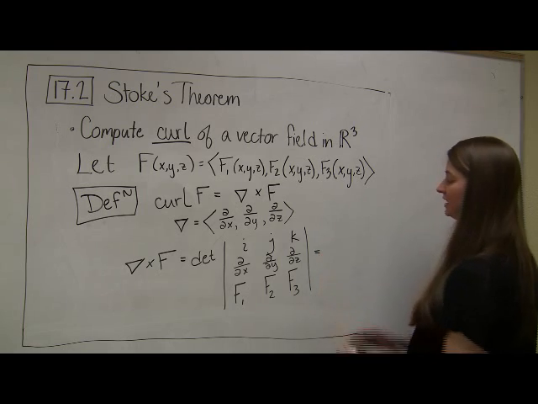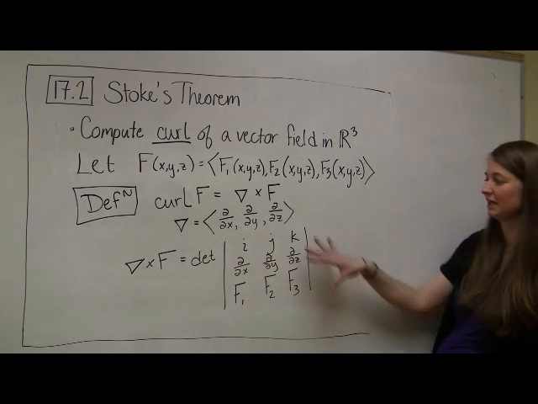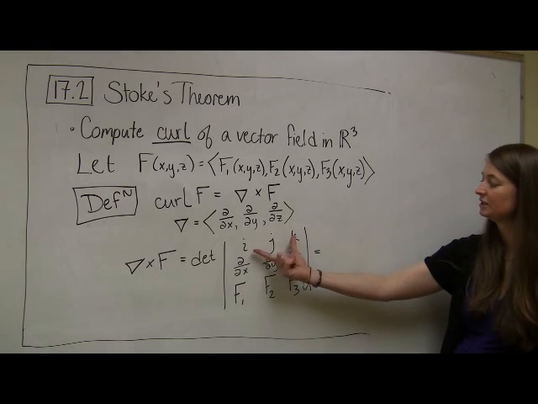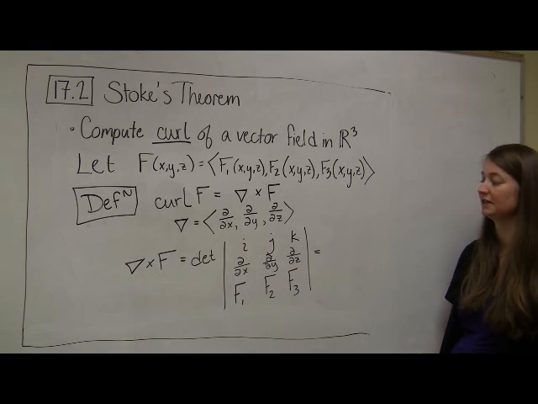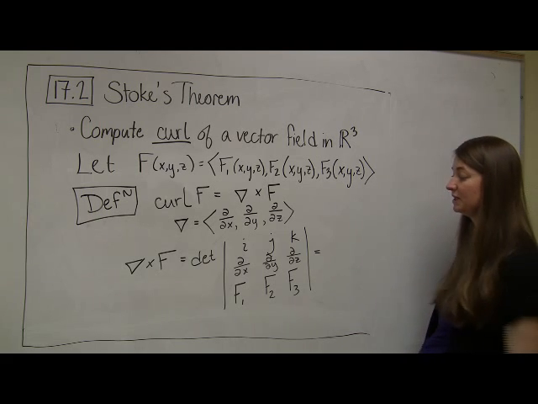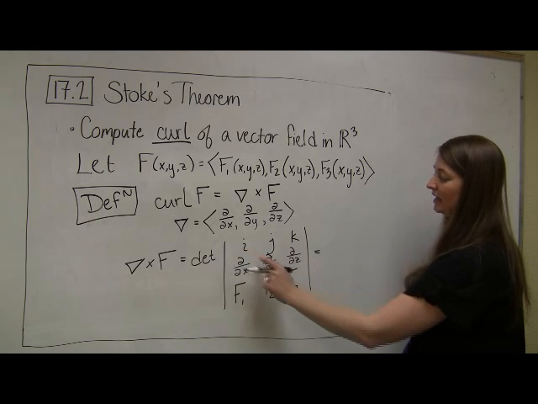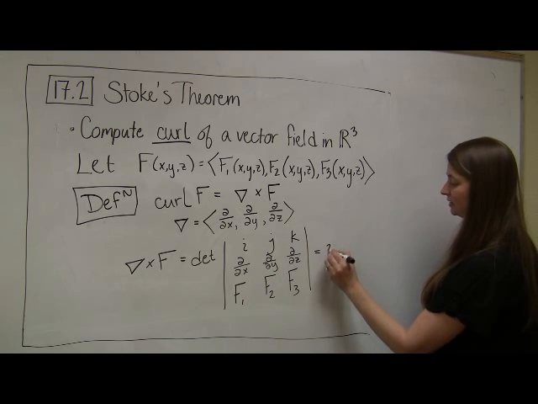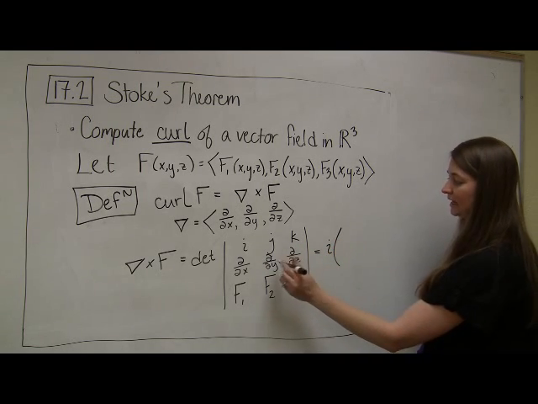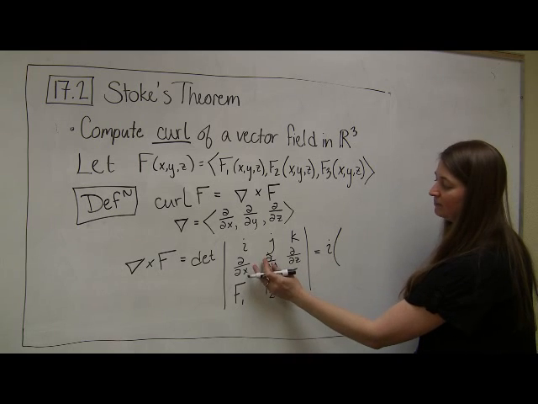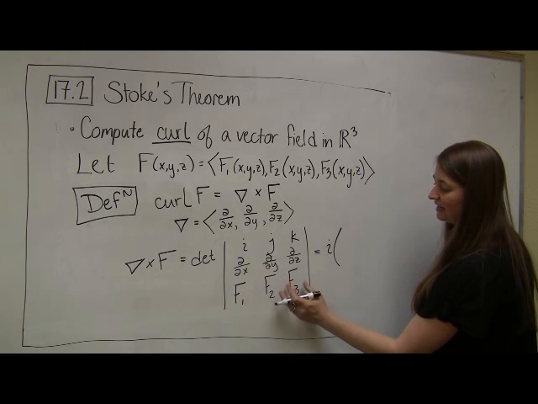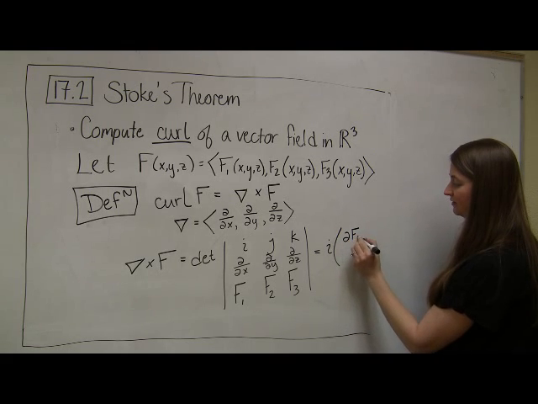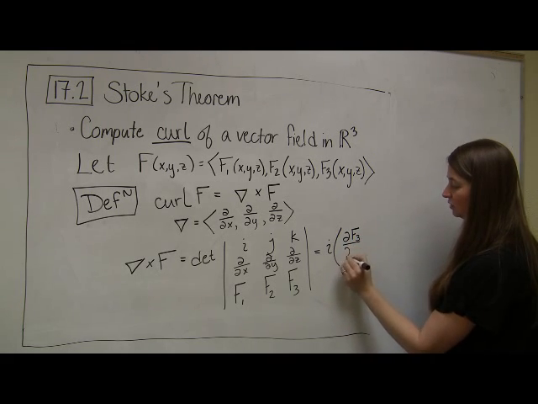So now that I've set up this matrix, and this is always going to be the case, this is how we define our curl. Now I can just plug and chug and find the determinant of this. So what does it take to define the determinant? I take i times the determinant of this minor 2 by 2 matrix. I'm taking i times my partial derivative with respect to y times f3, and that becomes the partial derivative of f3 with respect to y.